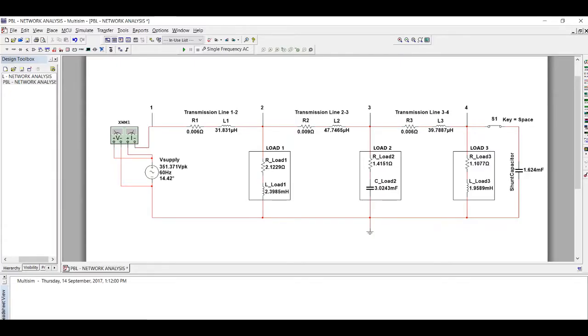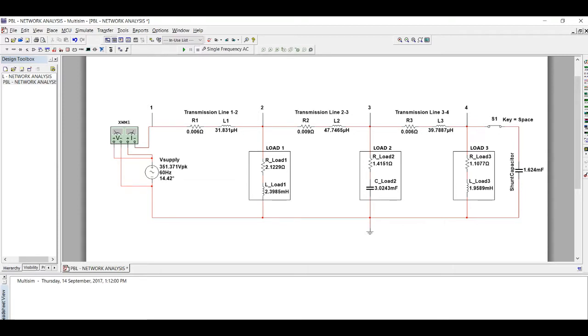Measuring total real, reactive, and apparent power of the system, and also power factor of the system after power factor correction. For power factor correction, we want to change the power factor of the system from 0.98 lagging to 0.98 leading.